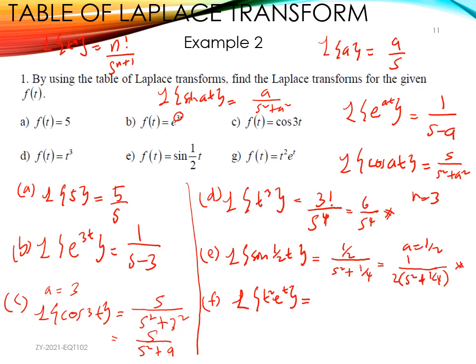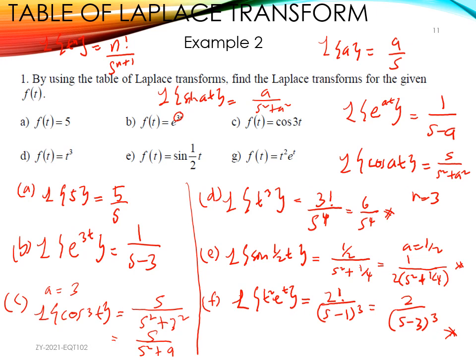So it will be 2 factorial divided by s minus 1, to the power 2 plus 1, which is 3. So the answer is 2 over s minus 1 cubed. That's it. It's very simple. Just look at the table. If you're having a problem understanding how to look at the table, just let me know.